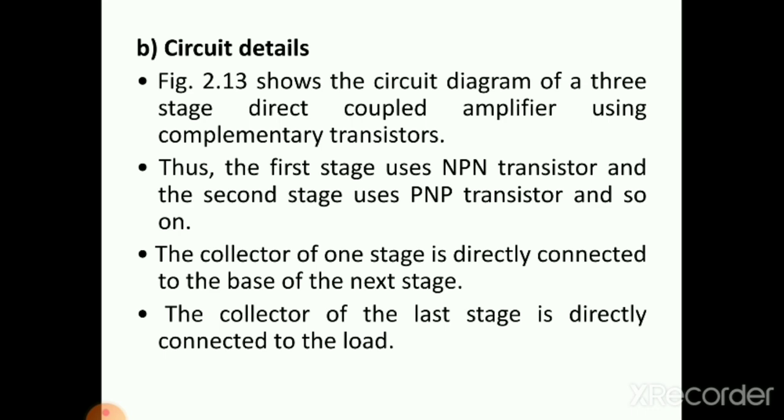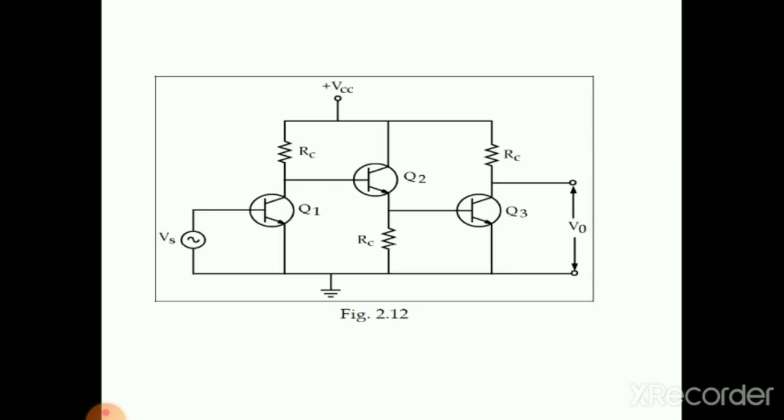Circuit details. The figure shows the circuit diagram of a three-stage direct coupled amplifier using complementary transistors. See, these are three transistor amplifiers, and if you see Q1, Q2 and Q3, their connections somewhat differ. In Q2, the output is taken across the RC, which is given to the input of Q3.